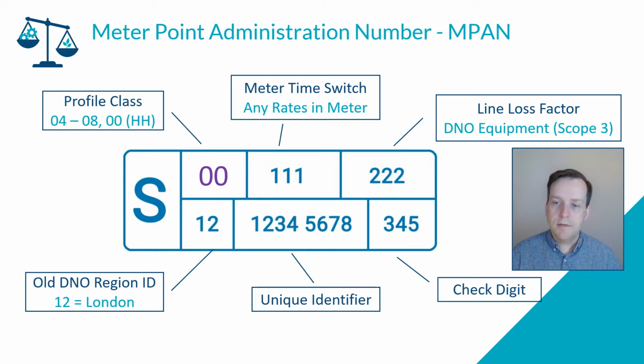And that's important for people looking at in great detail at their carbon footprint. I won't linger too much on that, but line loss factor, if you have multiple meters, you may want to consider looking in detail at each meter's line loss factor. Then we have the DNO region ID. So for example, in the UK, there's about, I want to say 16 old distribution network regions.